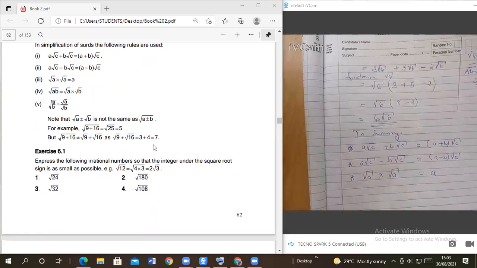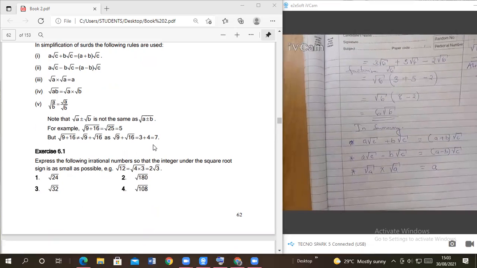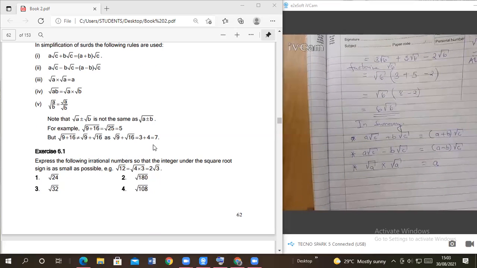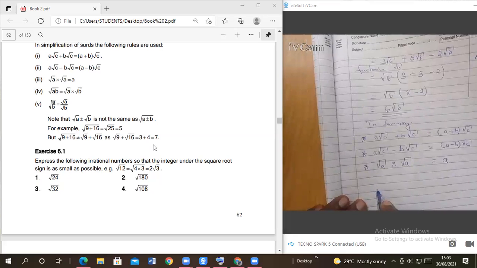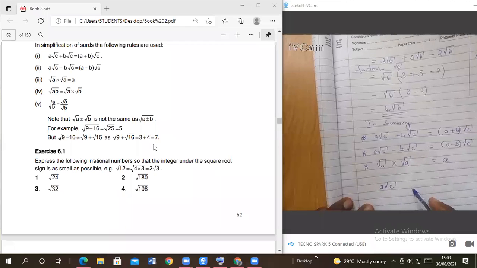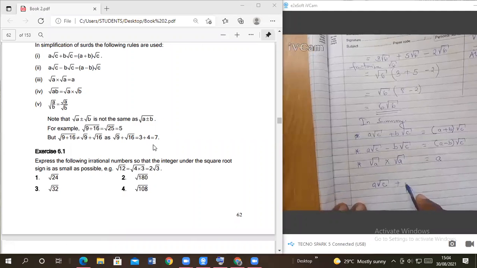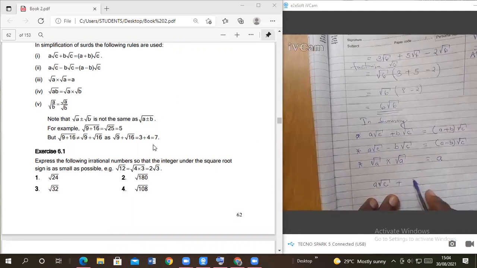Excuse me, teacher. What about this type of surds when they have no similar value, like a root of c plus root of b?